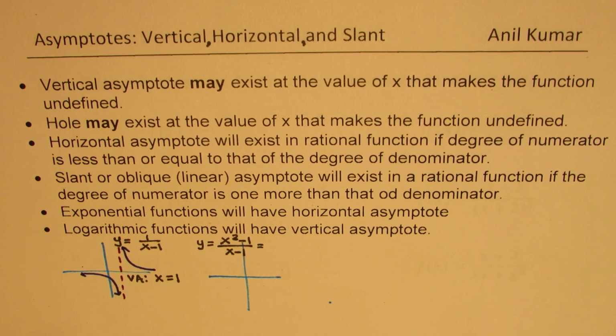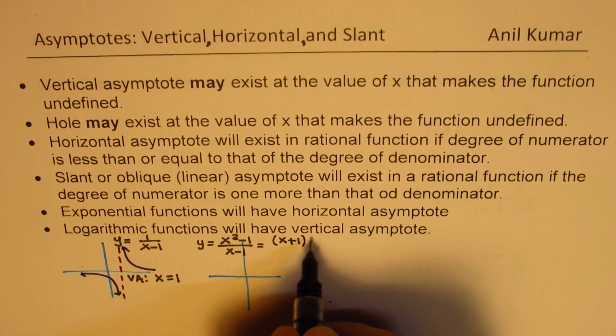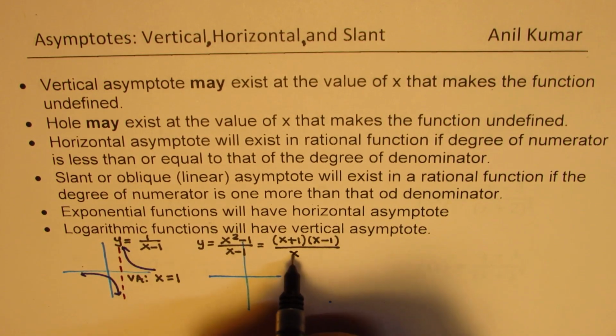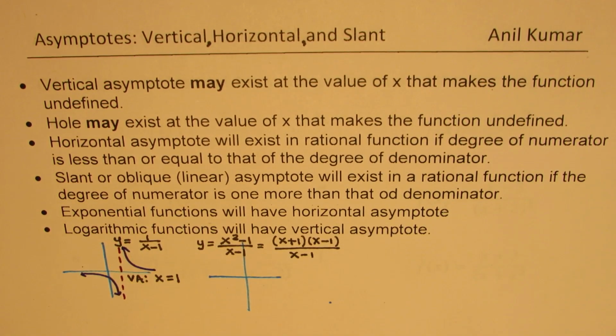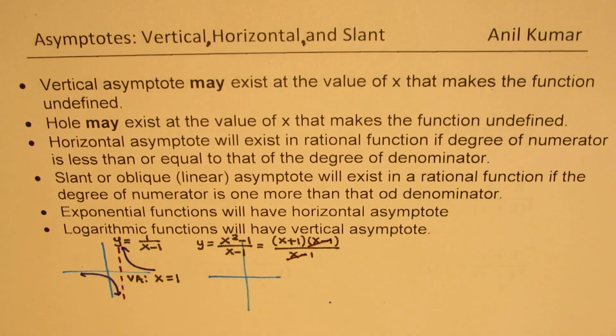Now x squared minus 1 can be factored, and you can write this as (x plus 1) times (x minus 1), and in the denominator we'll have x minus 1. As you can see, x minus 1 cancels, so we get just x plus 1. Do you see that?